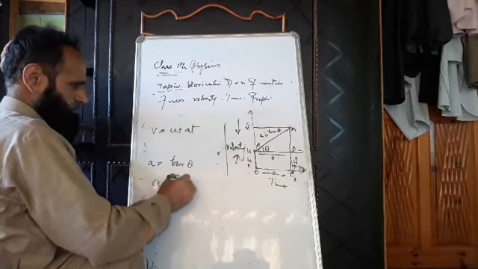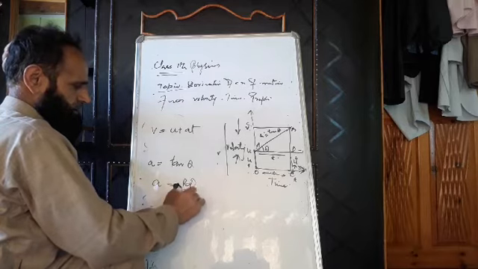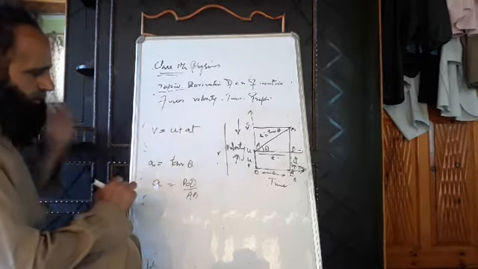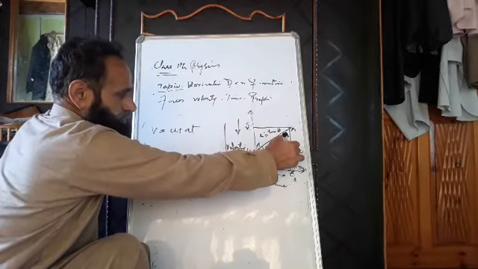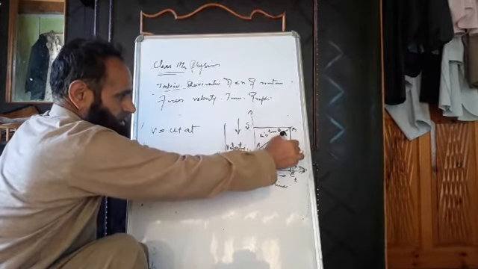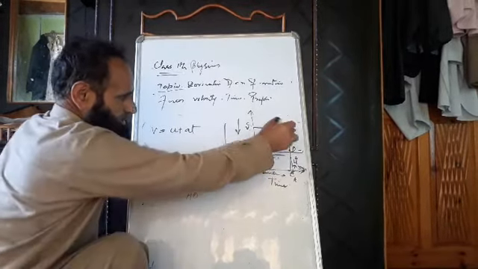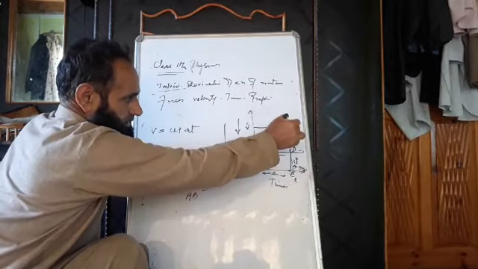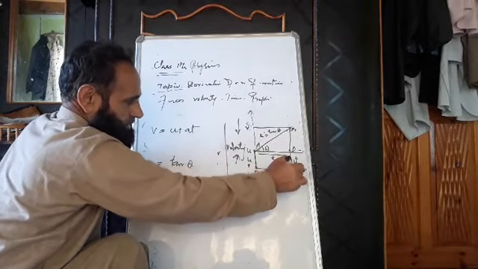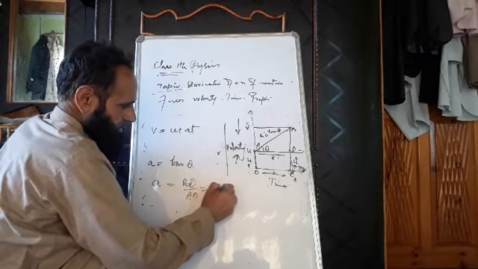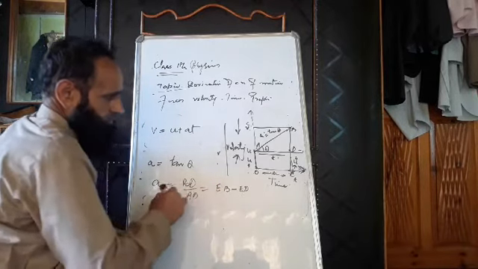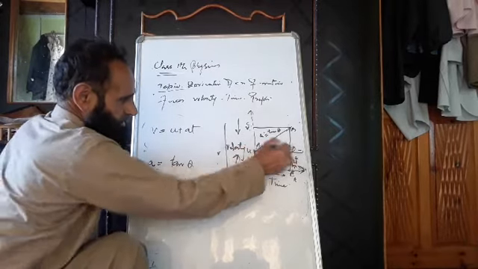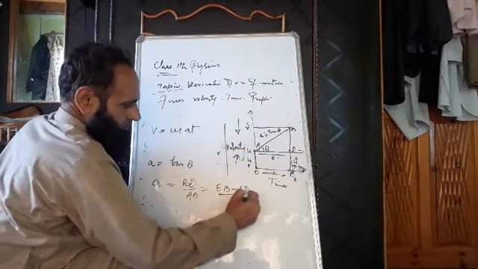So a is equal to BD divided by AD. This BD would be EB minus ED. Instead of AD, we can write OE.